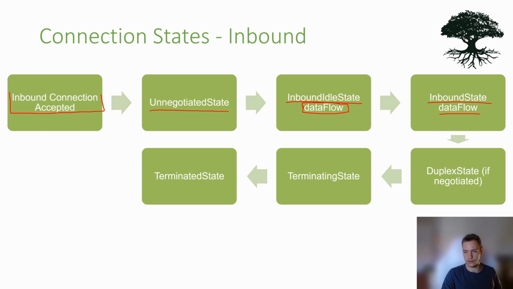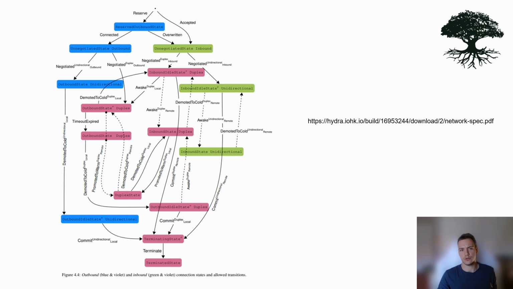So we have the possibility of a duplex state on inbound connections as well, and it can be terminated the same way, through the terminating state to the terminate state, as the outbound connection does. Now I think we know everything we need to understand this diagram, which is also from the network specification document, and it illustrates the connection states and allowed transitions for both outbound and inbound connections.